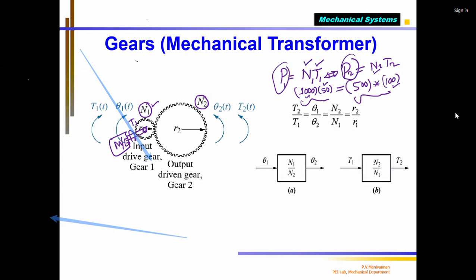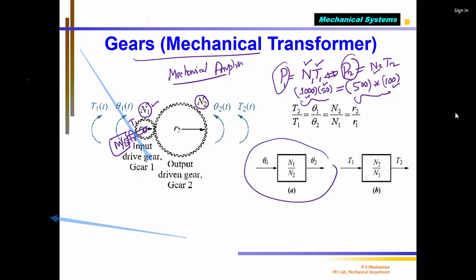I can say that a gear is a mechanical amplifier, like an electronic amplifier. How much it will amplify depends upon the gear ratio. The gear ratio is going to decide this. This is what I have shown here. Now, if I talk about displacement, how many degrees the input gear is rotating, for example it rotated 30 degrees, how much will theta 2 be?